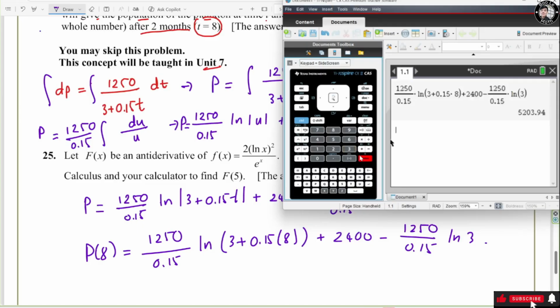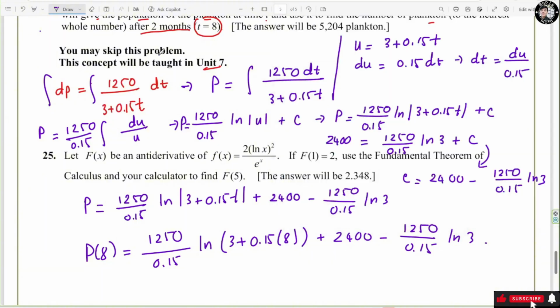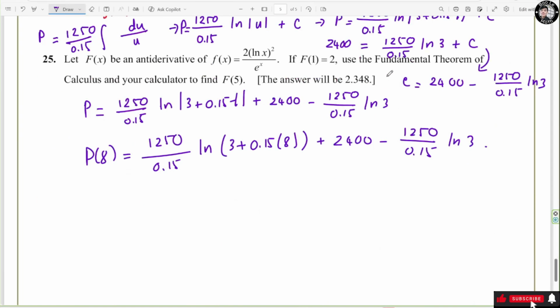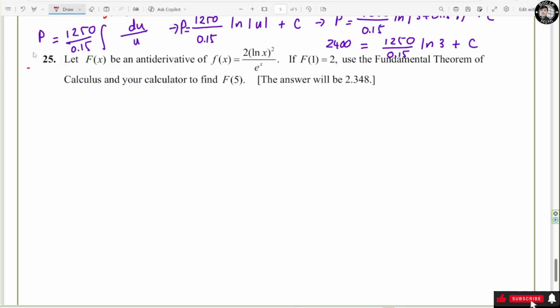The answer is 5203.94, right? But the question wants you to round to the nearest whole number, right? So it's going to be 5204, right? Now let's move on to the next one.